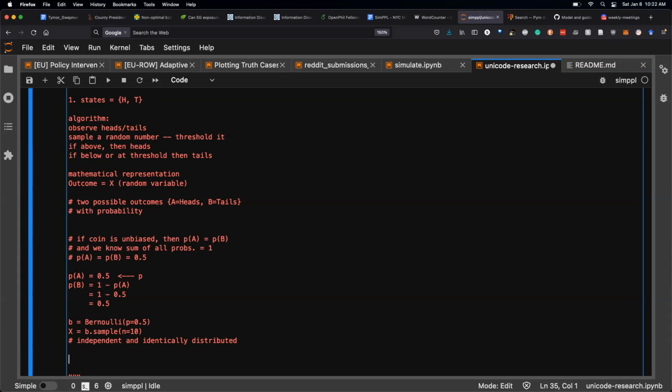So here, if the threshold is 0.5, because it's equal, if we insert some sort of condition that the probability should always be greater than 0.6, then it could be non-IID, right? Because everything would then be heads.